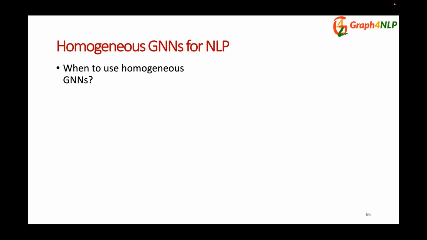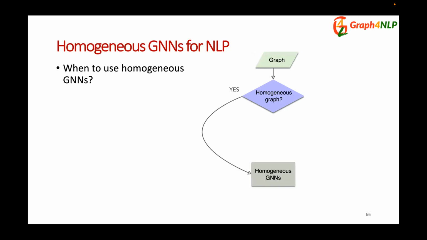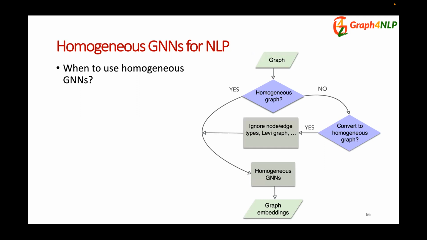When to use homogeneous GCNs given a graph? If it's a homogeneous graph, then of course we can apply homogeneous GCNs to it. Or if it's a non-homogeneous graph, we can choose to convert it to a homogeneous graph by leveraging some techniques which we will introduce later.